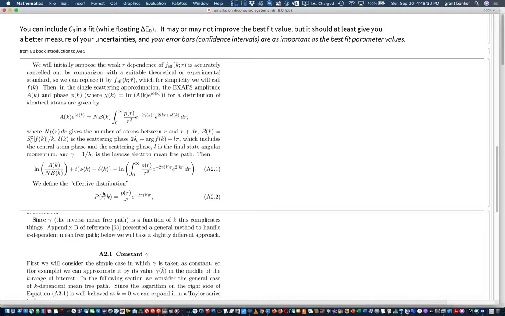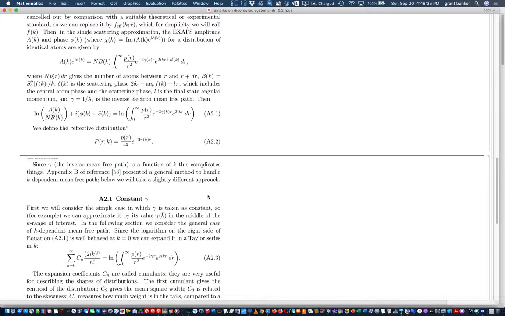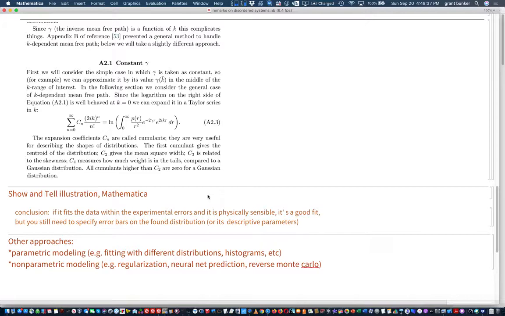What you can do is these manipulations, and it comes down to this. All the structure in the EXAFS, in that distribution for a single shell, comes down to an integral like this.